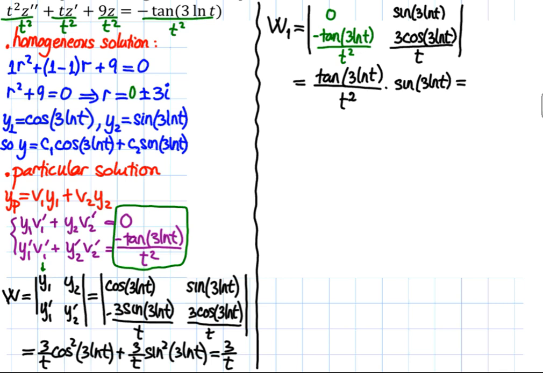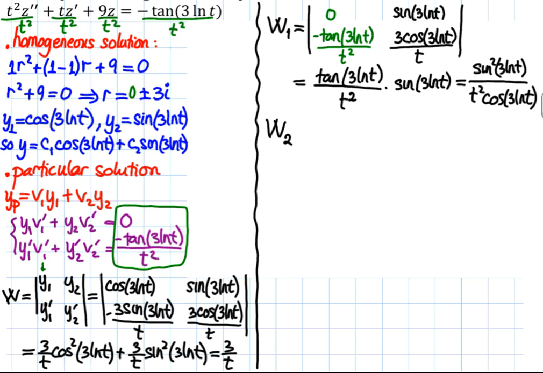Now tangent is sine over cosine, so we can write this as sine squared of 3 ln(t) over t squared cosine. Sine and sine on the top, cosine at the bottom, along with the t squared. So that is W1.